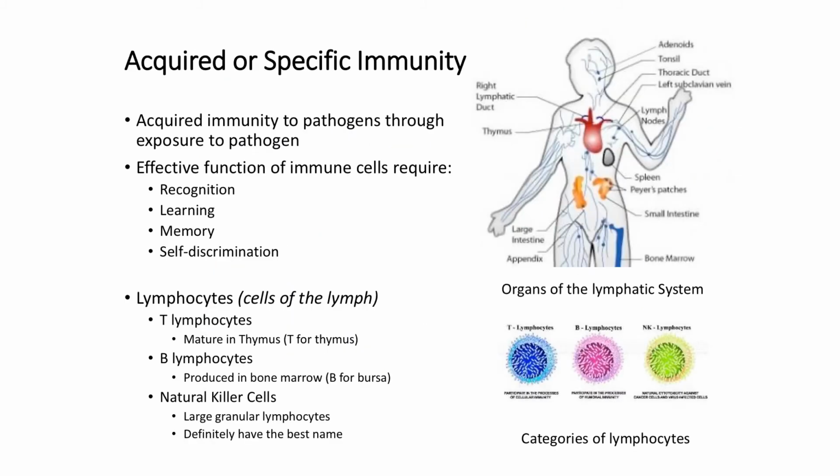When we talk about specific immunity, I mentioned that there are three different types of cells. We've got our T cells, our B cells, and our natural killer cells. All of these cells start from stem cells, which exist in the bone marrow, and they are processed into the three different types of lymphocytes through a maturation process.